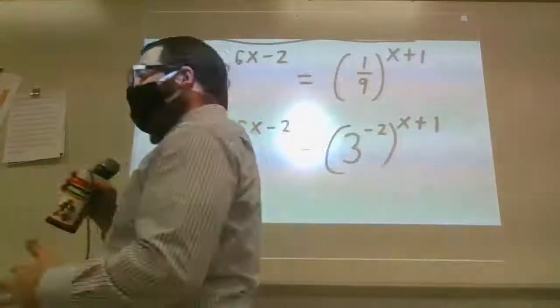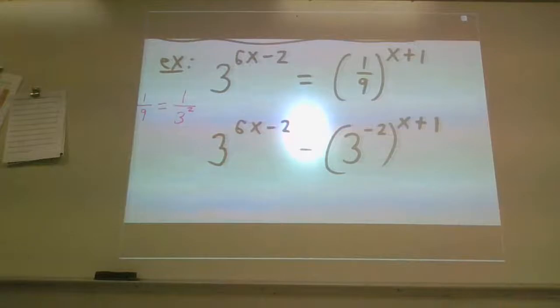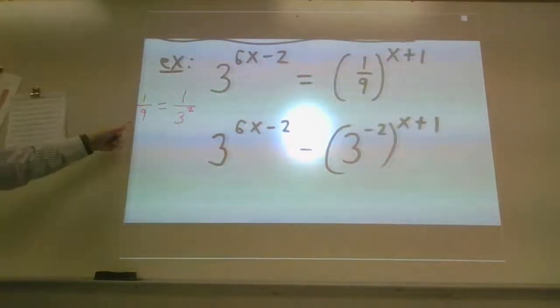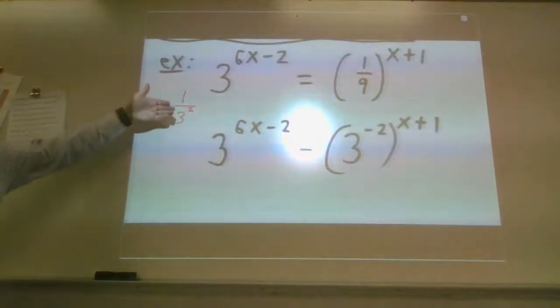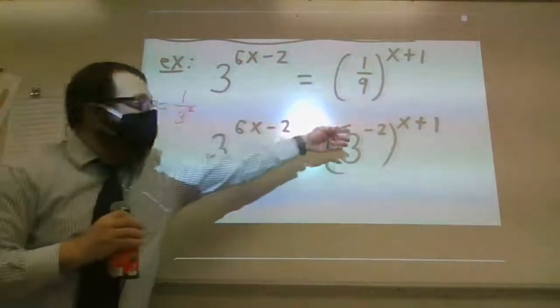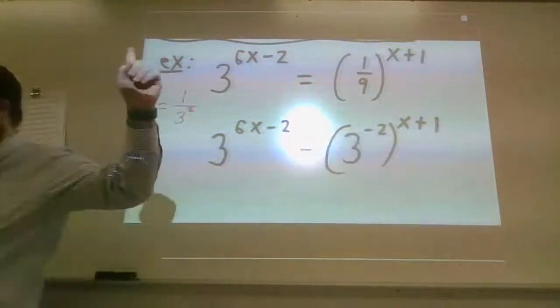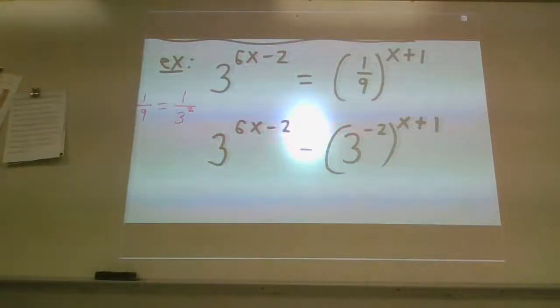Or vice versa, if you have a negative exponent, you can take the reciprocal of the base and that exponent will turn positive. In this case, this is exactly what I did. I recognized the fact that 1 over 9 is 1 over 3 squared, took the reciprocal of that 1/3, turning that exponent negative. That is a skill that we need to know how to perform.